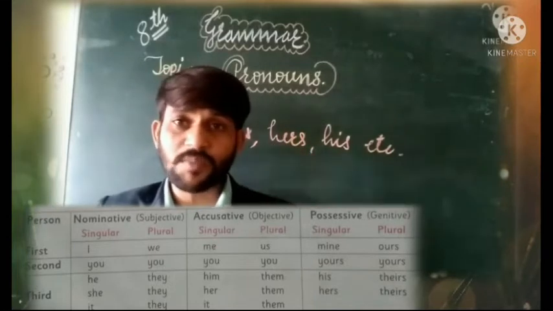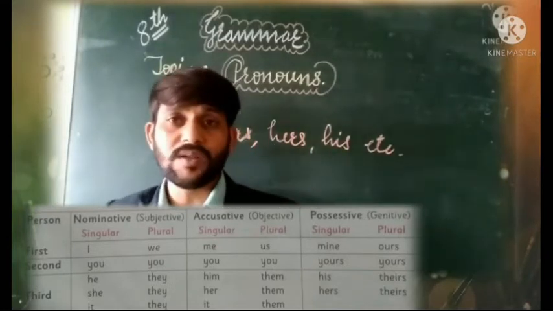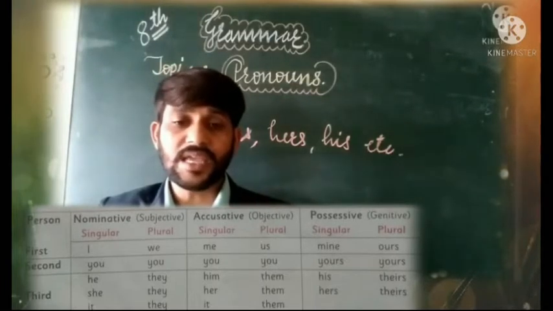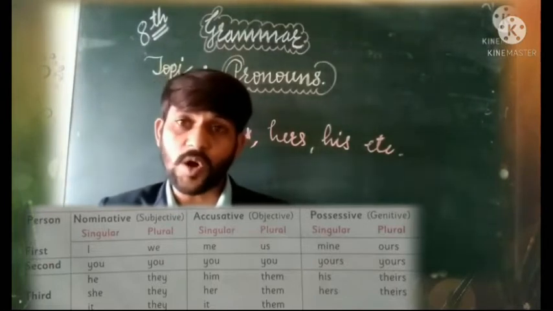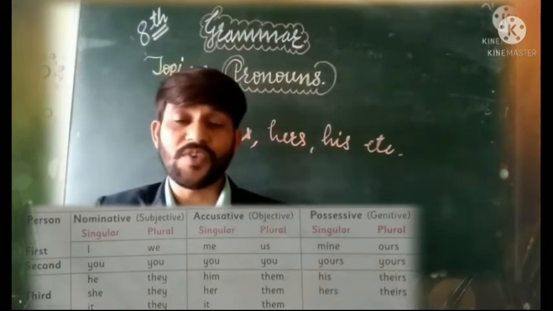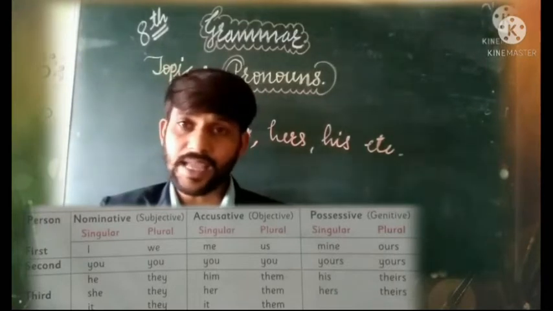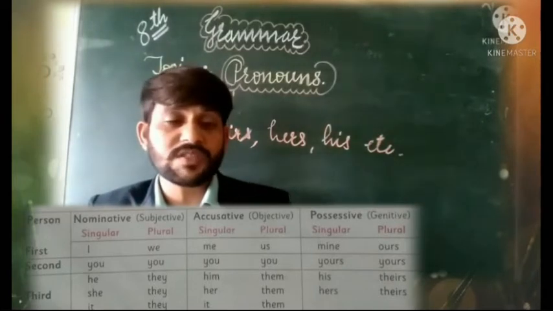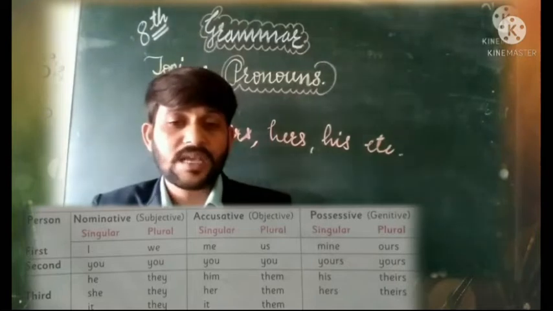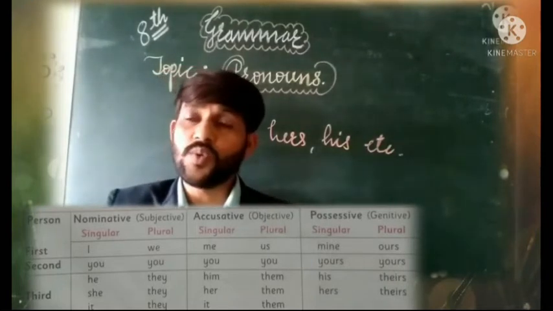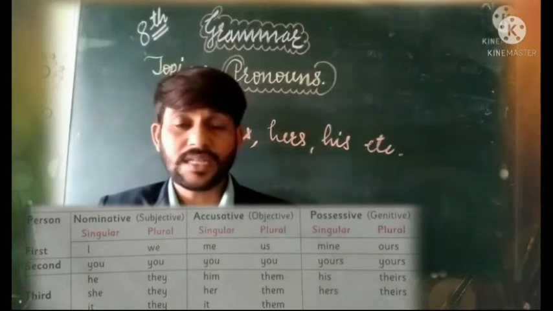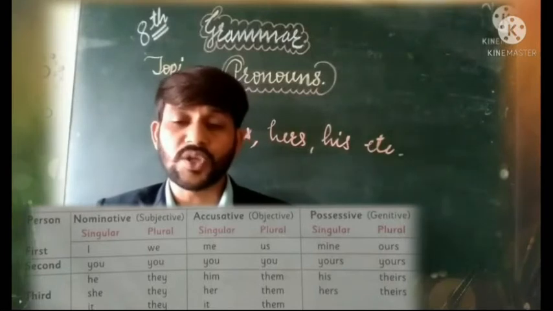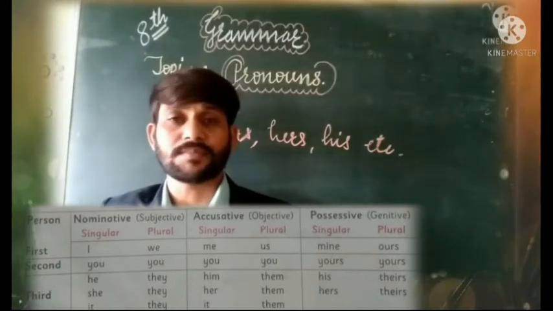Forms are given as singular and plural. Singular I, you, he, she, it are followed by plural we, you, they. In the accusative case, singular me, you, him, her, it are followed by plural us, you, them.